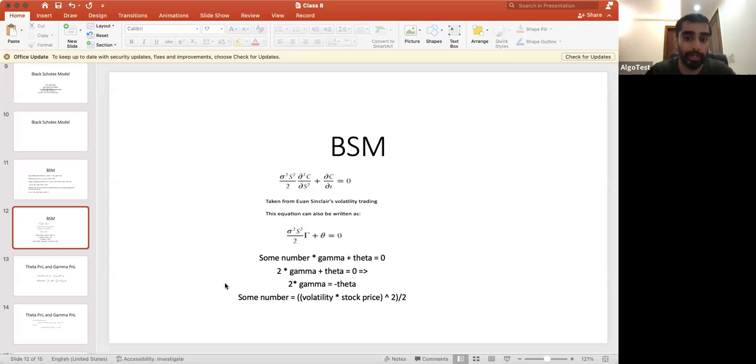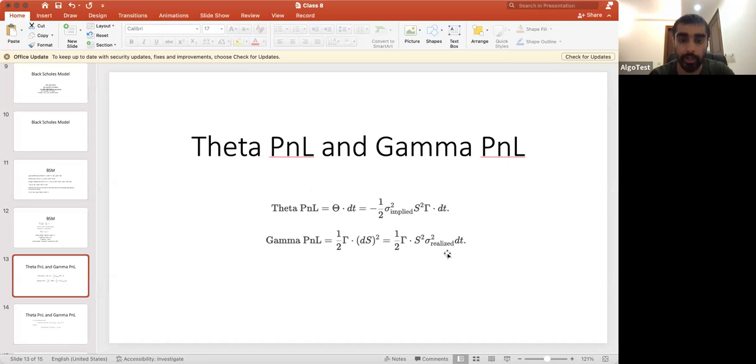So the stock component, as the stock moves around, that is what's driving my gamma PNL. Okay, so my theta PNL is coming from IV and my gamma PNL is coming from the RV, the realized volatility. Okay, and that is what it looks like over here.